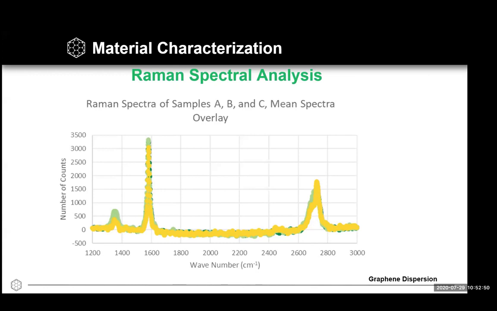So if we are creating some defects on the graphene, we can observe it clearly here. In the sample with the green line, we can see the defects getting higher.